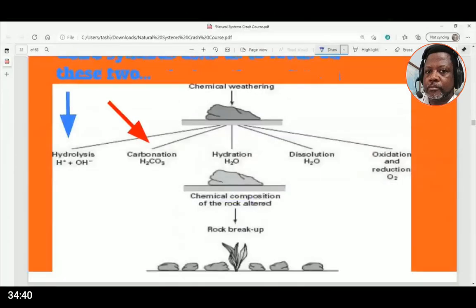My advice to geography students is to make sure that you know all of the chemical processes of weathering: hydrolysis, carbonation, hydration, simple solution, oxidation. Know all of them, because you never know what will appear in the multiple choice paper.